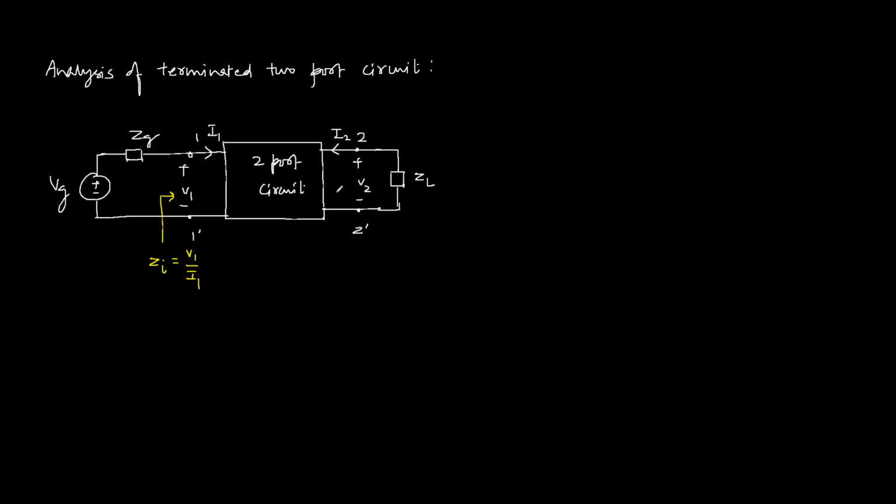And now we also have to find the output impedance looking from the port 2 by removing this load impedance.